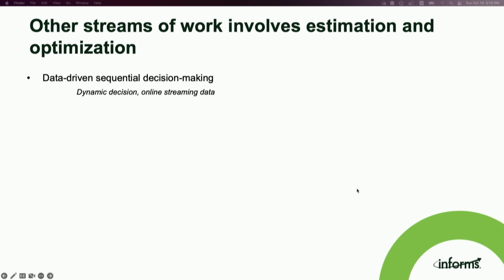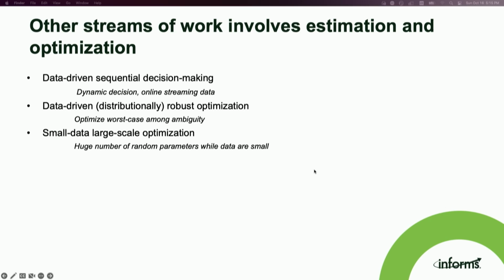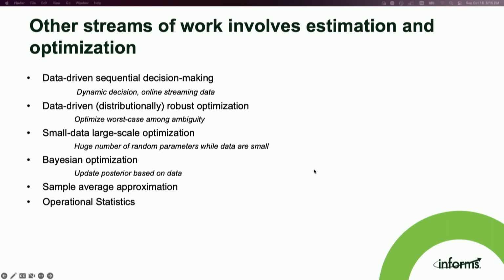So before we dive into the details, I would like to clarify that there are other related streams of work that also focus on decision making and also involve parameter estimation and optimization at the same time. But they adopt very different problem settings compared to the setting that we just introduced. So this includes data-driven sequential decision-making, data-driven distributionally robust optimization, small data, large-scale optimization, Bayesian optimization, sample average approximation, and operational statistics.